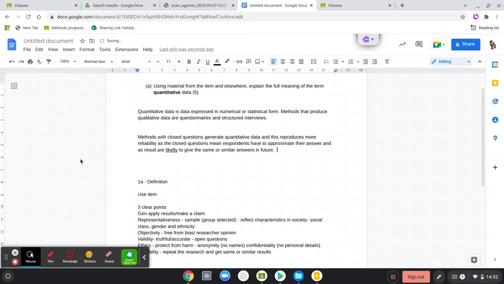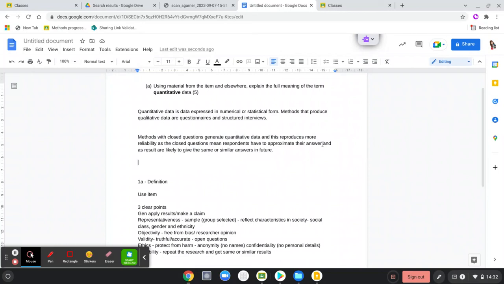So I'll go back over that. Methods with closed questions generate quantitative data, and this produces more reliability, as the closed questions mean respondents have to approximate their answers.